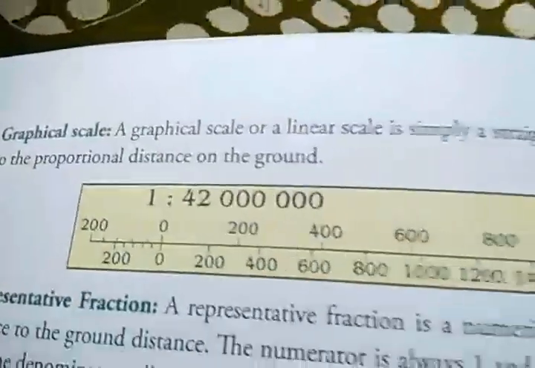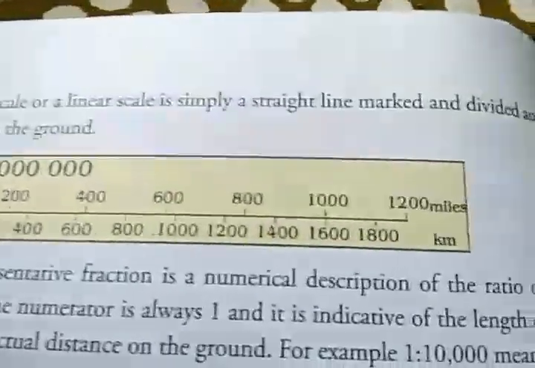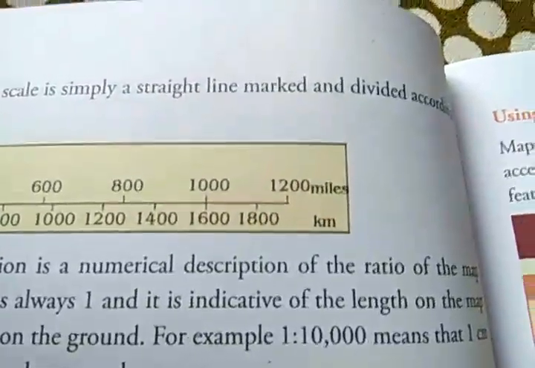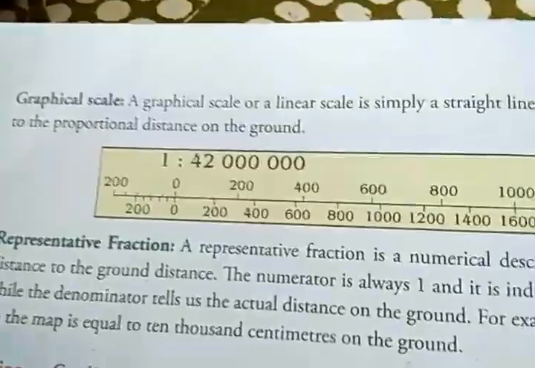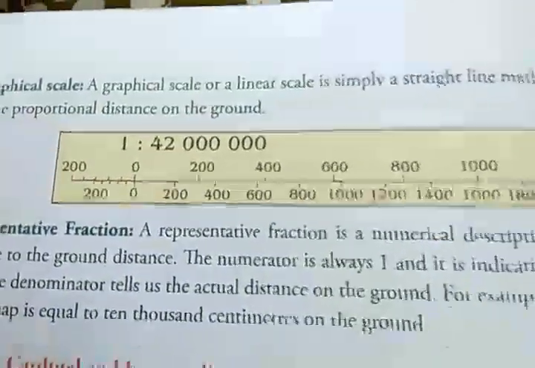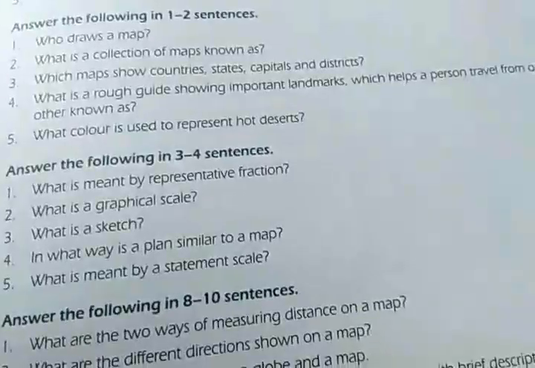Then second question is, what is a graphical scale? Again over there on the same page, graphical scale, you can see over here it is given. A graphical scale is a linear scale, simply a straight line marked and divided according to the proportional distance on the ground. So this is the answer of graphical scale. Then after this we go to what is a sketch.